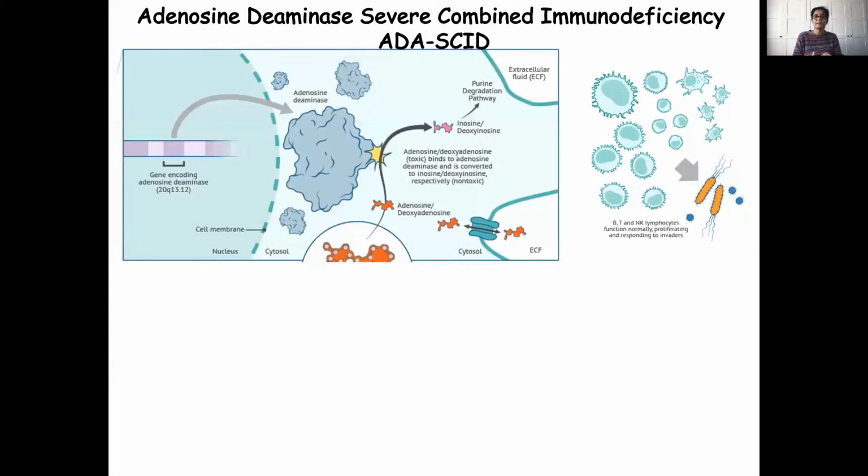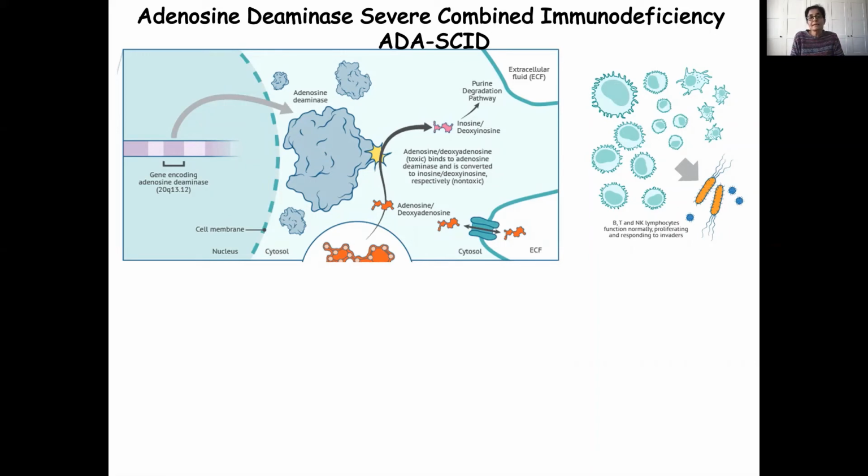The first one is severe combined immunodeficiency. When you think of our immune function, we have T cells, B cells and natural killer cells in our blood. When we are exposed to any viruses or bacteria, these cells attack them and get rid of them, and our body is not infected with these pathogens.